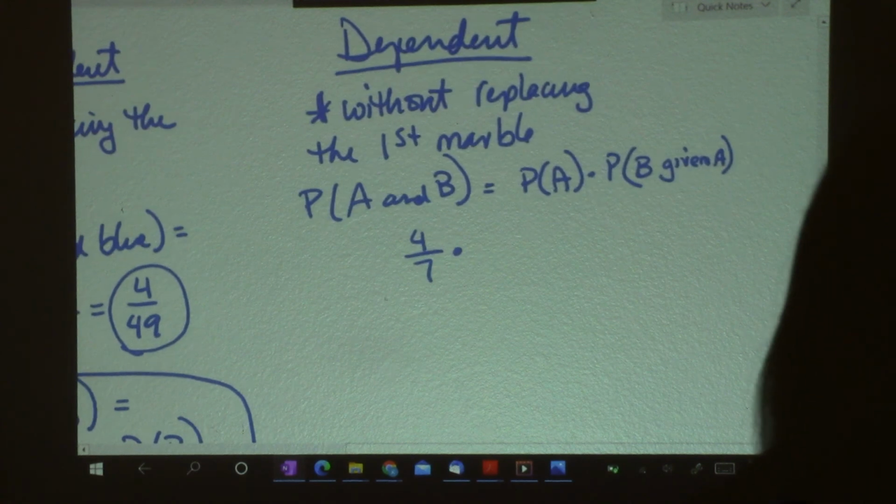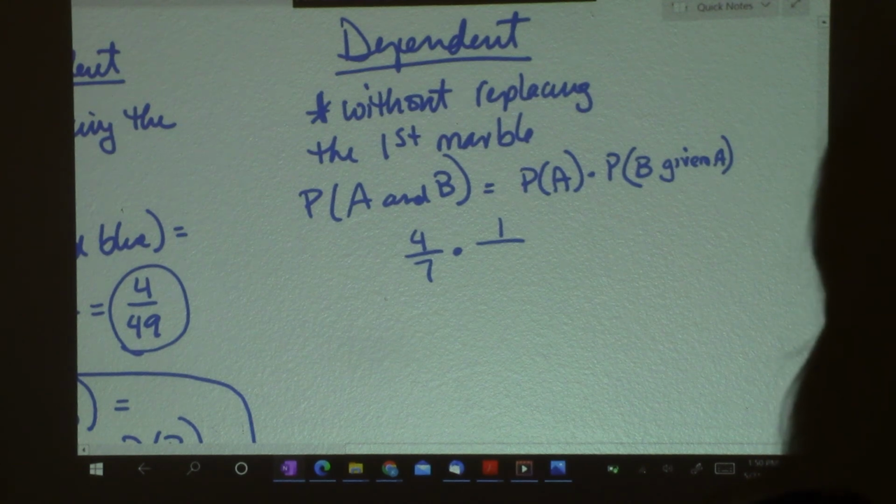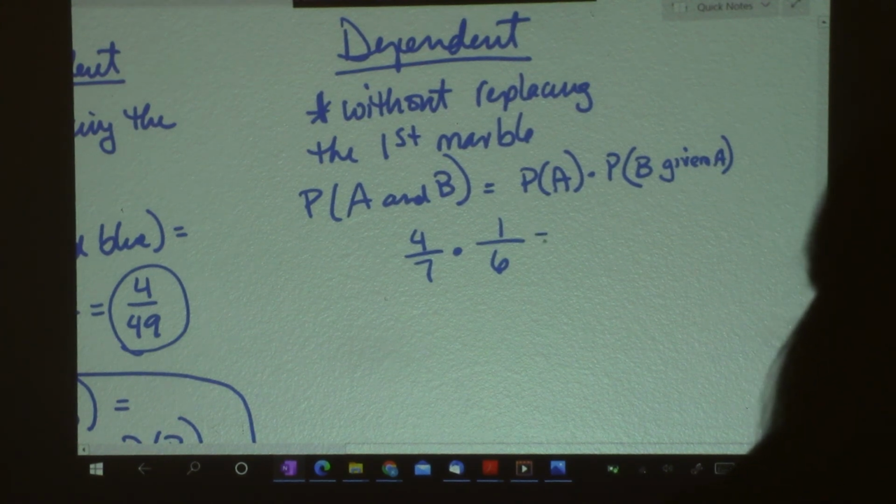Now, what's the probability of picking a blue marble? There's only one, but I didn't put the first one back. So the green one is still in there, but I have 1 less blue marble. So I only have 6 in there. So then I end up with 4 out of 42, which is 2 out of 21.